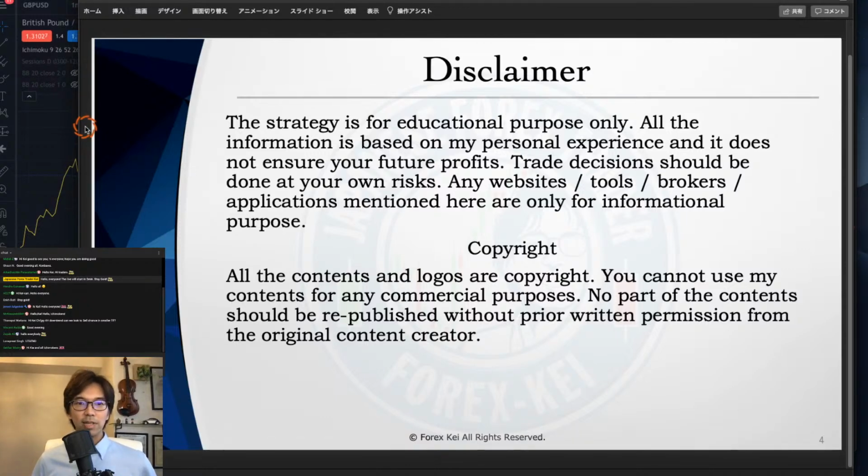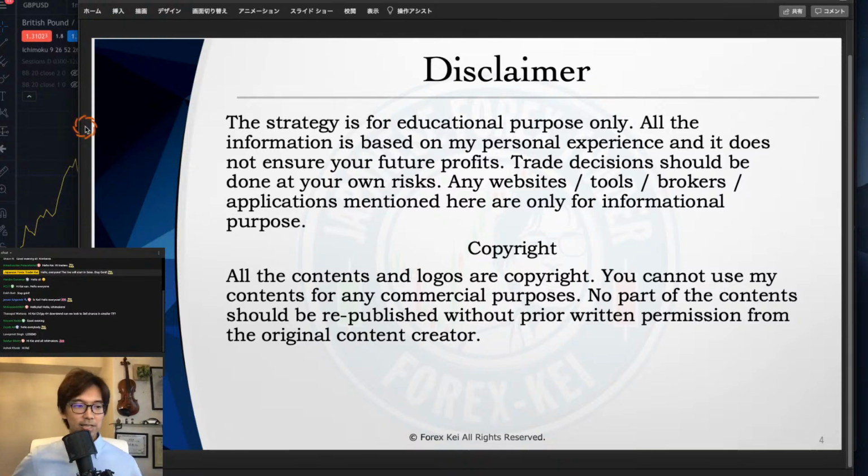So when you take trades, please do so at your own risk, because you are the one who needs to take responsibility for your trades. I'm not the one who takes responsibility for your trades, but everybody should take responsibility for their own trades.